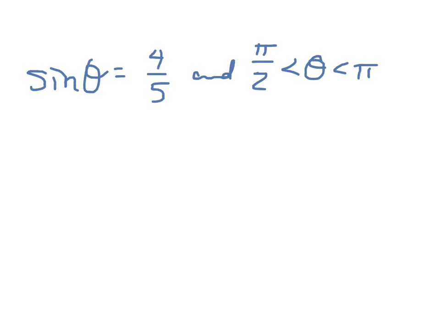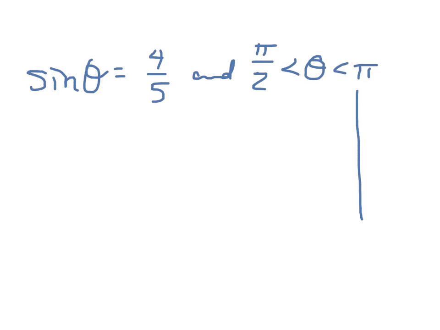Now, this stuff in the back, this pi over 2, theta, and pi, that's just telling you what quadrant we're in. Pi over 2 is the same as 90 degrees, and pi is the same as 180 degrees. So we're between 90 and 180. So what quadrant is that? 2.